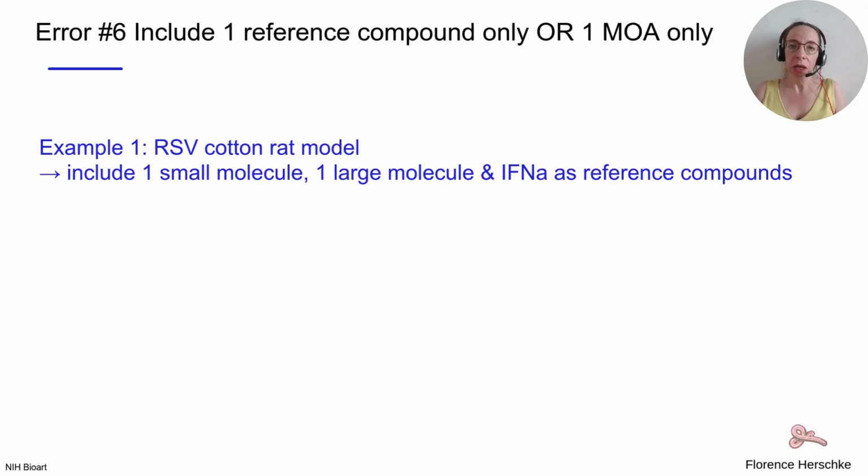And here it is important to include one small molecule inhibitor, a large molecule inhibitor, and also, for instance, interferon alpha as reference compounds, as these might have very different impacts on the virus. They will allow you to better evaluate the effect of your own antiviral.